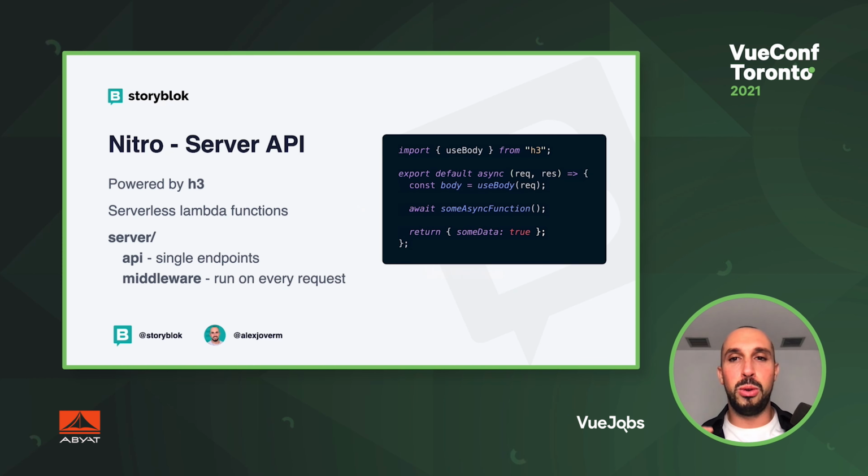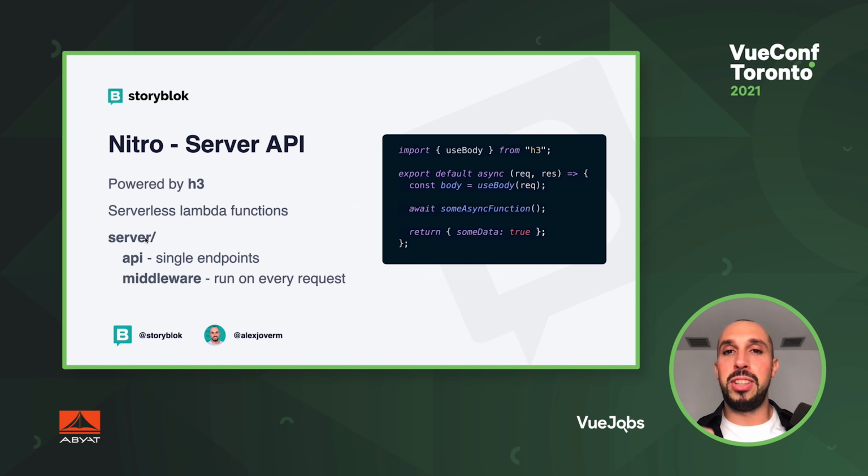With Nitro, you could also write serverless functions right away inside Nuxt. This is powered by H3, which is a very thin and powerful framework that Nitro uses under the hood to create these serverless Lambda functions. And you can do it in two ways. You have the server directory with the API directory and the middleware directory under it.